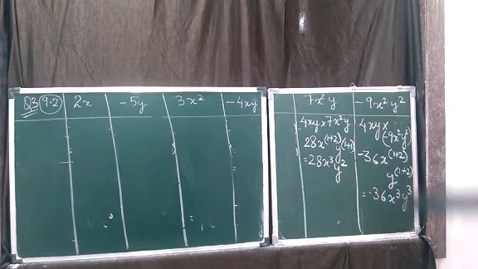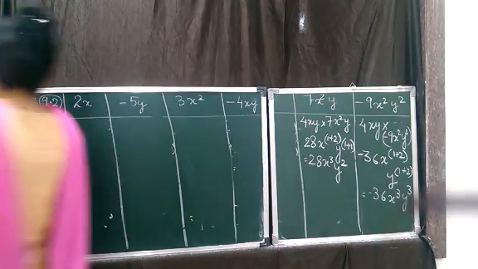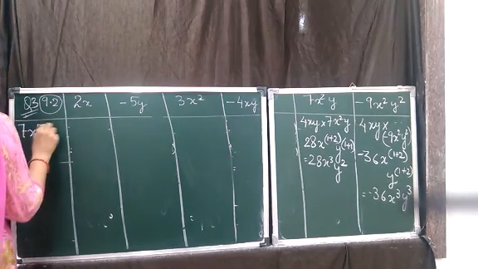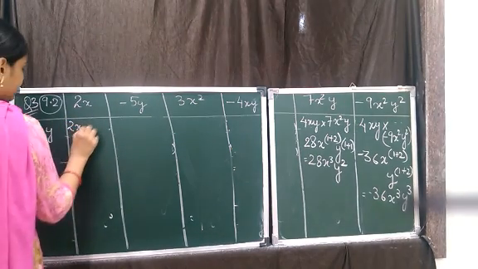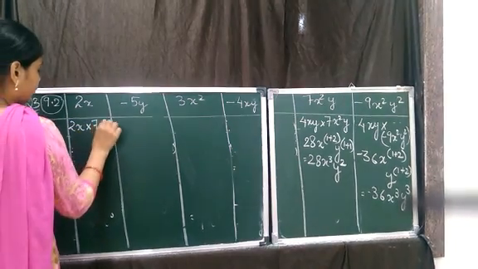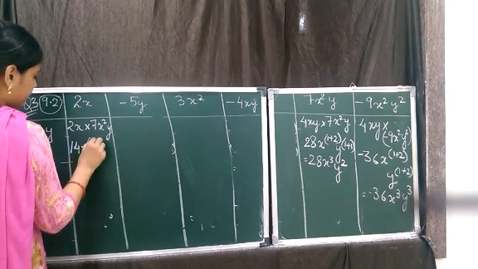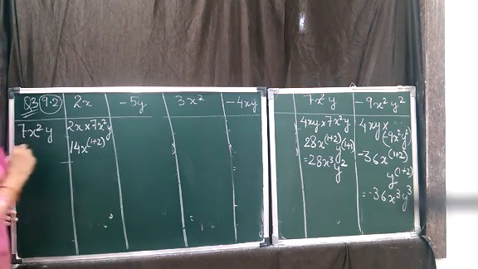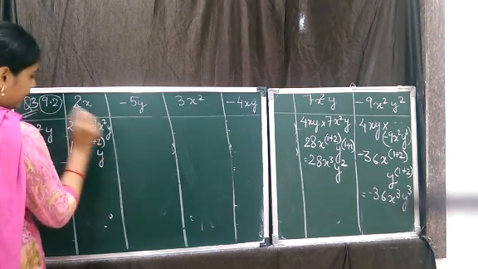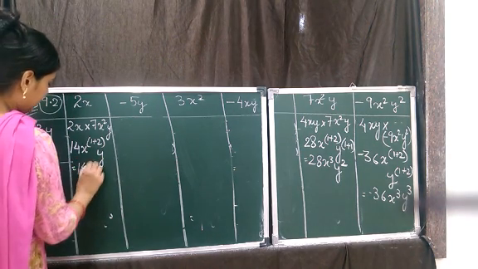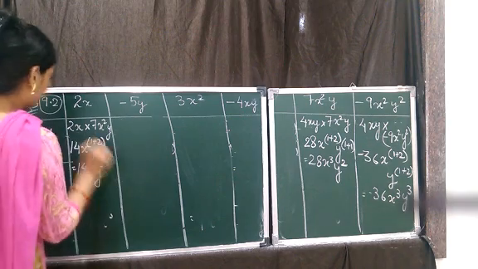So now we are starting 7x square y. So 2x into 7x square y. 7 2s are 14. Power of x will be added. Y remains y, so it is 14 x cube y.